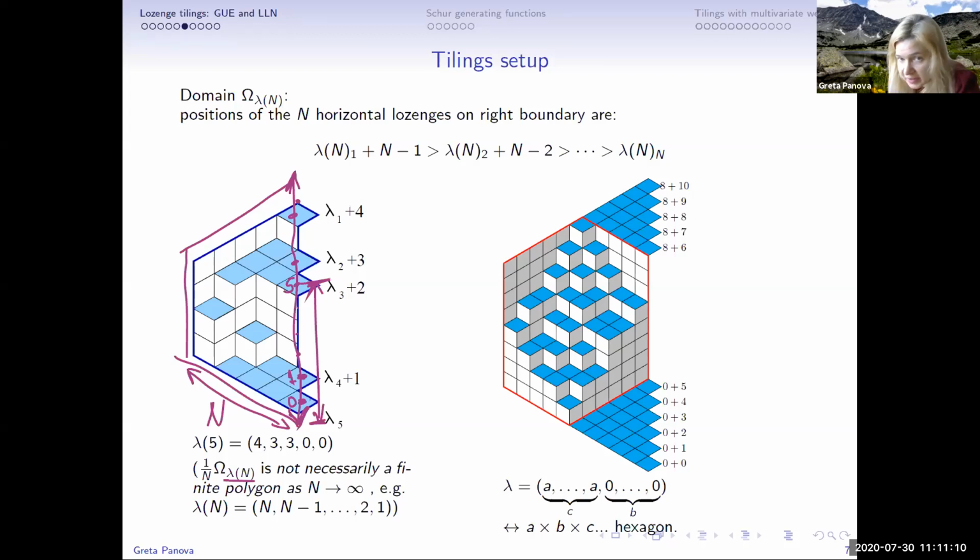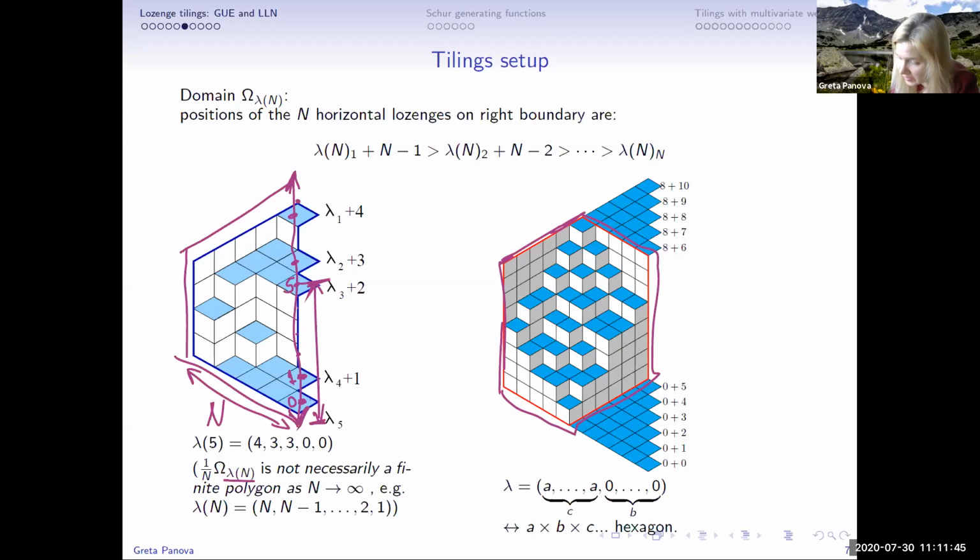But just as an exercise, let's see what happens when we have the hexagon. This is the original, the prototype of all of these studies. So the hexagon was the first lozenge-style domain to be studied. So here it is, this red region. How can we parameterize such a region using these notions with the lambdas?